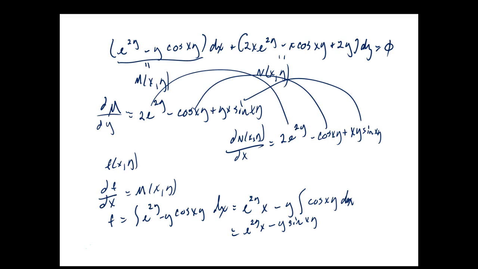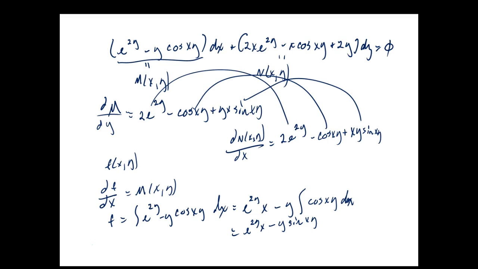Right. Okay. Now, I haven't finished integrating this. The minus y is out here. Antiderivative of cosine xy is sine xy, but you have to do a sort of reverse chain rule thing. You're taking it with respect to x, so this y is a constant, so you need a 1 over y here for that to be the right thing, right?